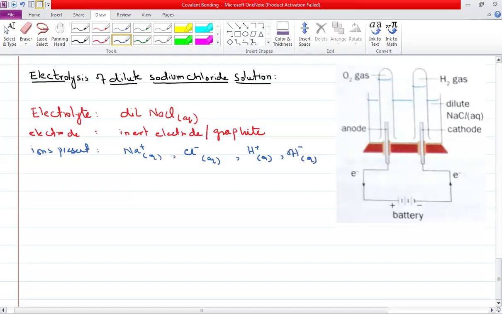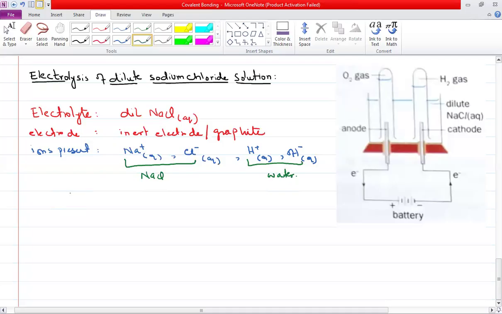Now we know that these two ions, sodium ion and chloride ion, come from the sodium chloride, as they are coming from our electrolyte. H and OH are coming from water, as our solution is dilute. So we have hydrogen ion and OH ion in the solution.